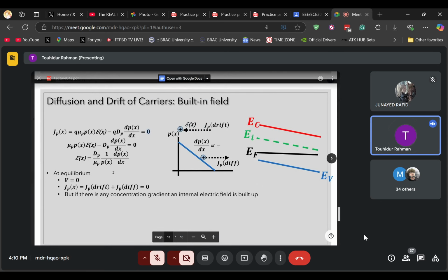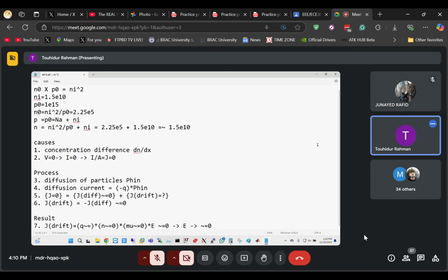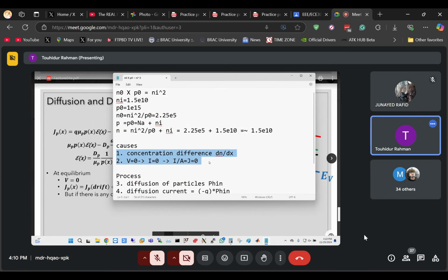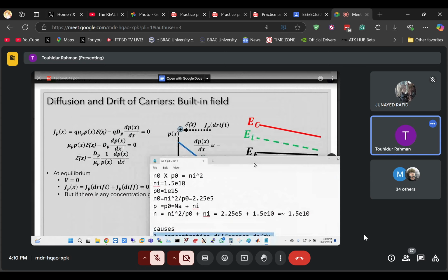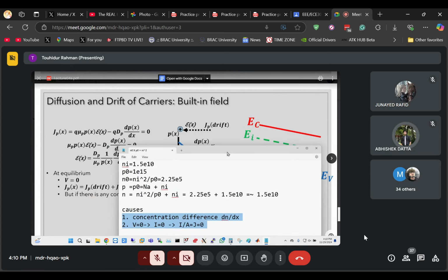Okay, so if we do that, we can come up with this expression, D divided by mu, divided by p, times dp/dx. Okay, so this is the expression of the electric field. Now what was the condition? Current is equal to 0. So in this slide, do we satisfy my initial two conditions? Yes, sir. Okay, how?